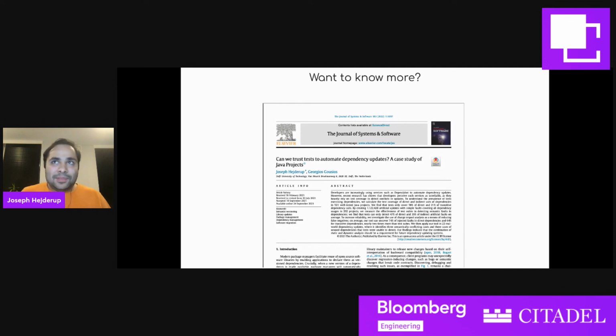In that way, I think it makes a bit of sense to write tests. I know it's not a very easy question to answer in general, but I think it's certainly something to reflect over, because we very easily use dependencies without really thinking about the implications of using them.